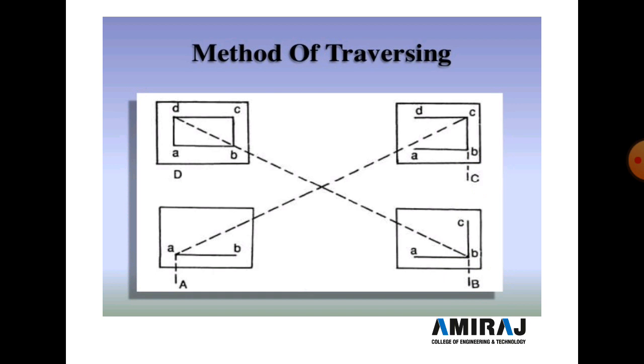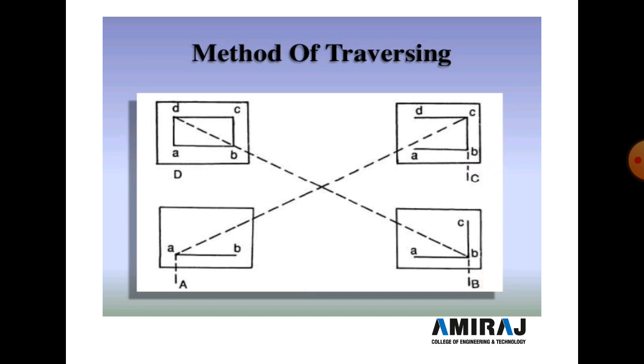From the B point, the A point is exactly seen, and the A to B line is already drawn, so the B to A line is not required to be drawn. But from the B point, the C point is bisected, and we draw the line B to C. Clear?